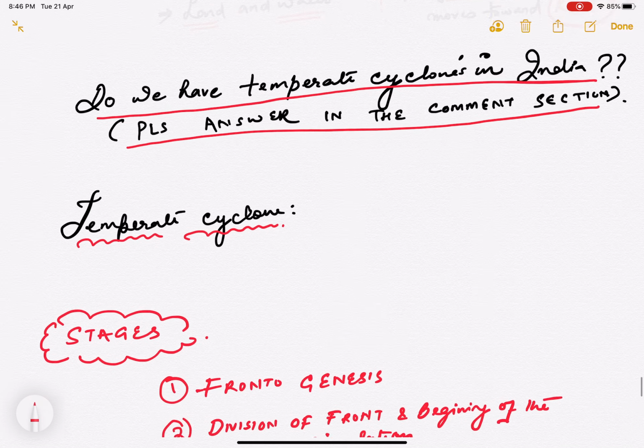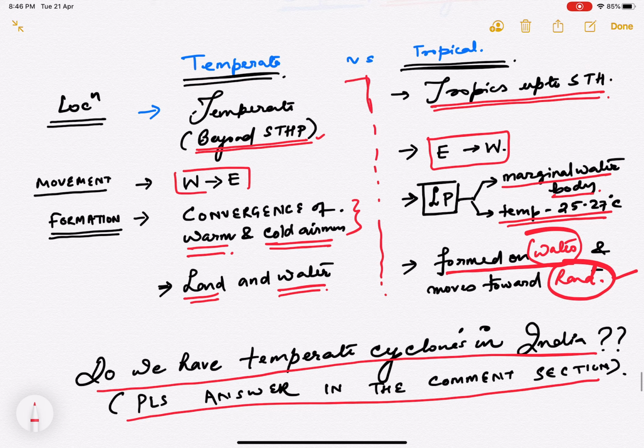Now, through this we got a rough idea of what a temperate cyclone is. From our understanding, can we define what is a temperate cyclone? Let's go for it.